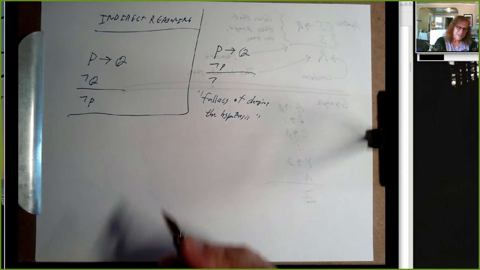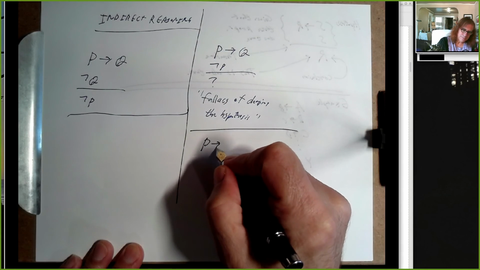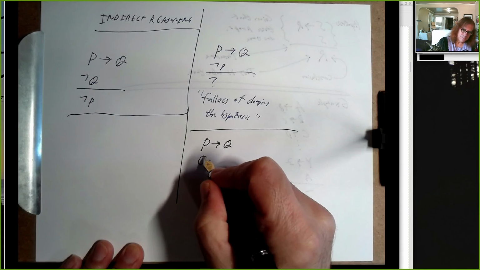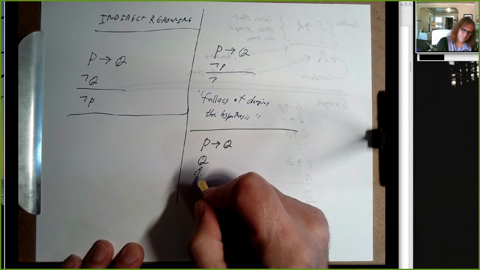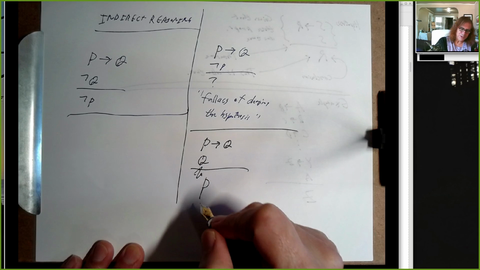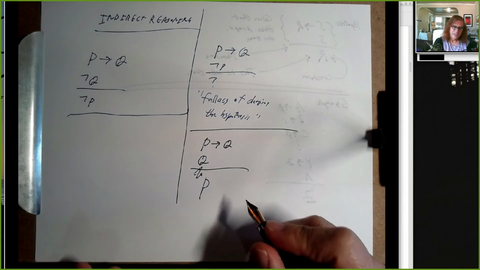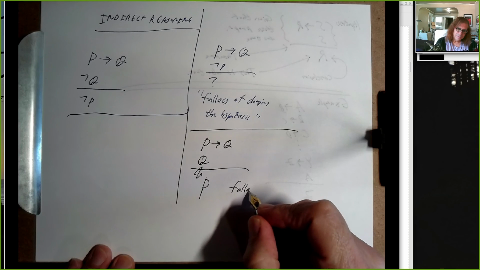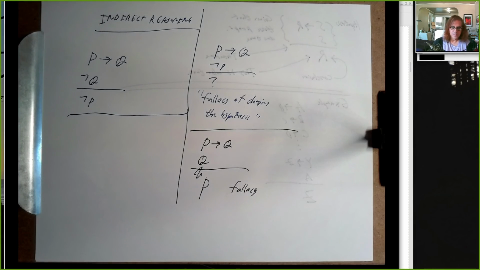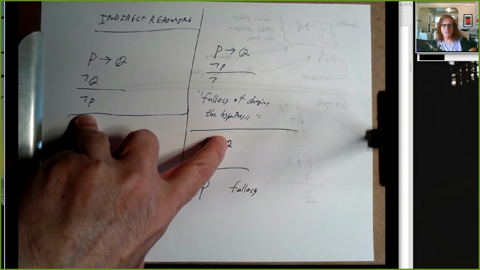There's another fallacy while we're here. If P, then Q, and Q, therefore P. And that's also a fallacy. If I win the lottery, then I'll continue to teach at Clark.